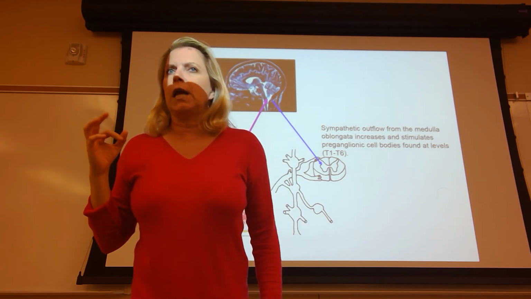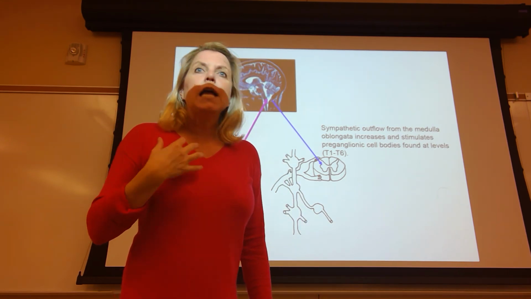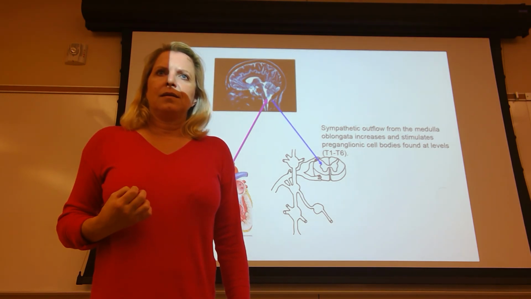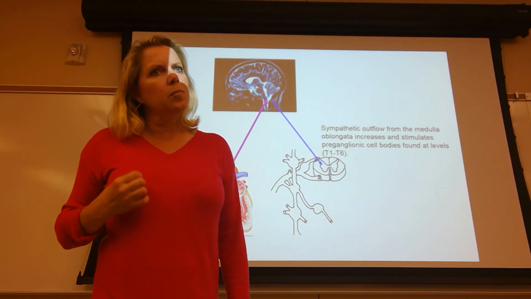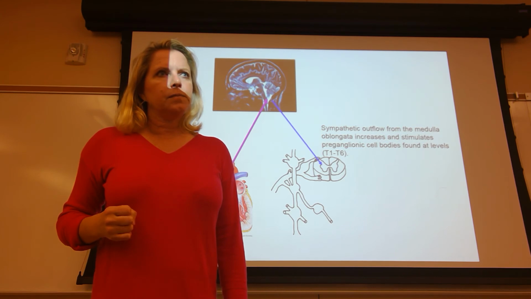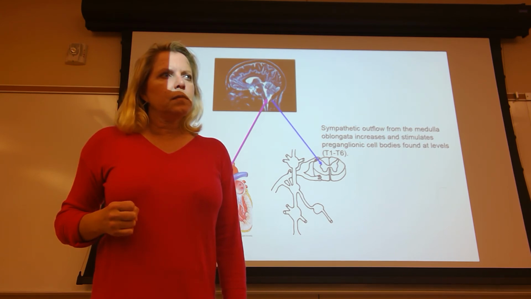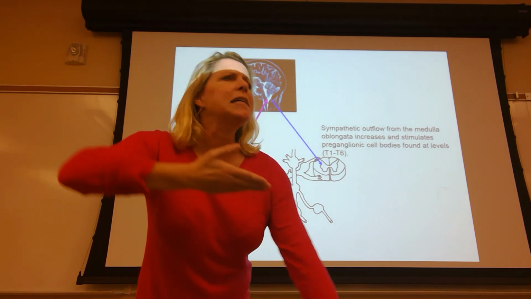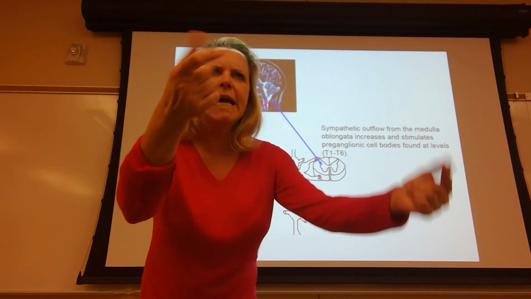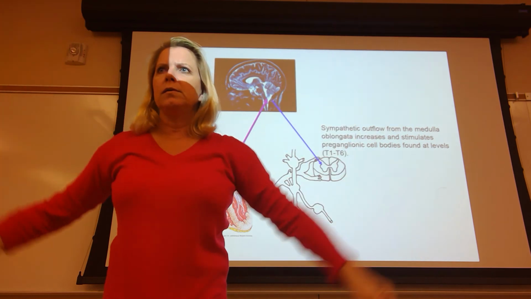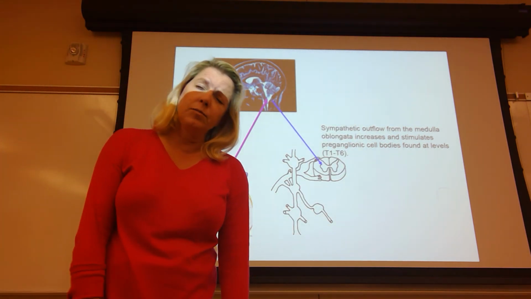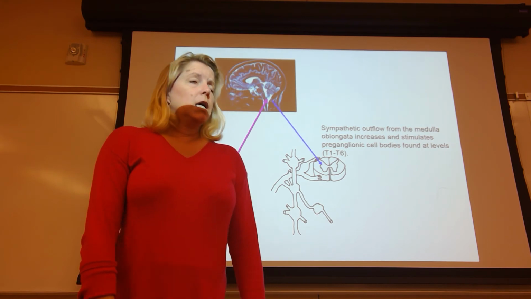What are you doing? You can't do this. And it made it worse, didn't it? You were having a sympathetic moment. Your brain was trying to tell your heart, pick it up, let's go! And your heart's like, I'm trying, I really am trying, but I just can't.